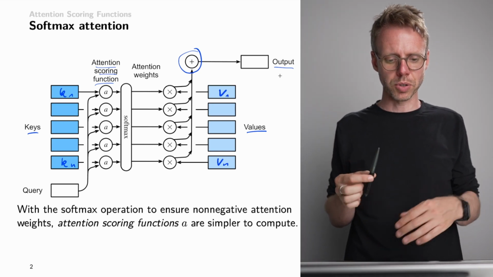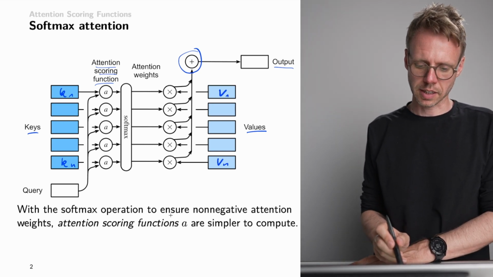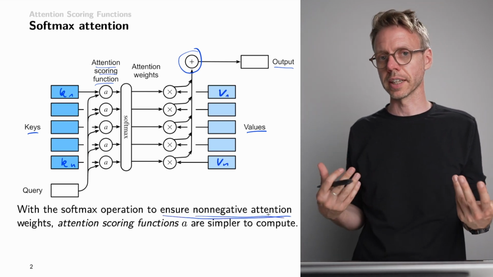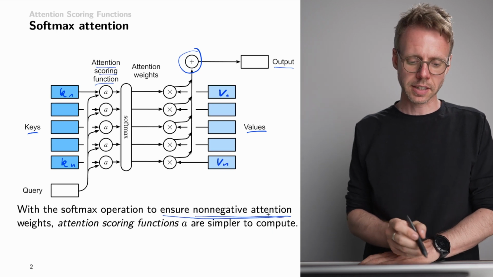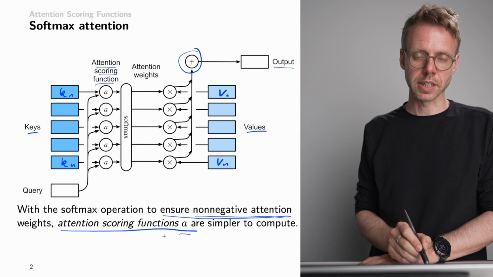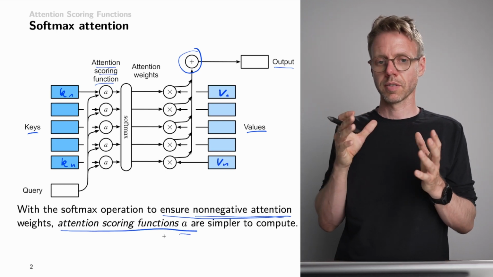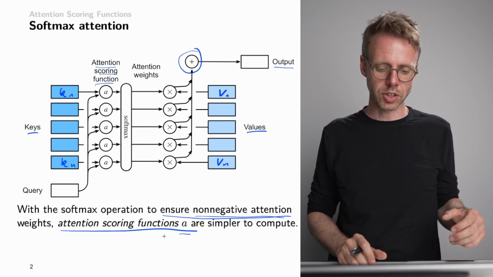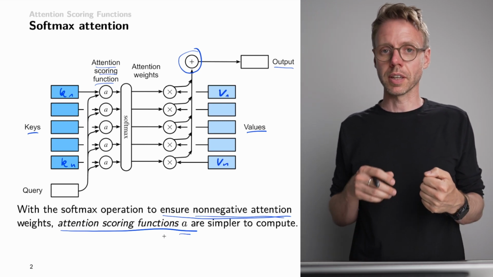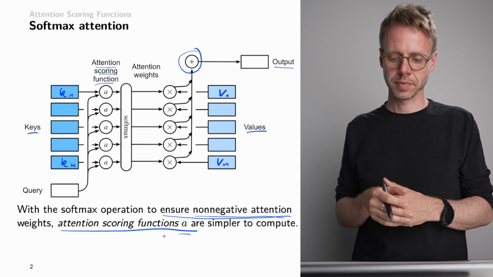The nice thing about using the softmax is that it ensures that all attention weights are non-negative. And the nice thing about using very simple functions for a as the attention scoring functions is that this can be computed very efficiently on a computer.